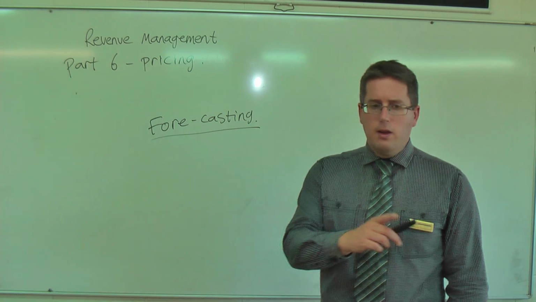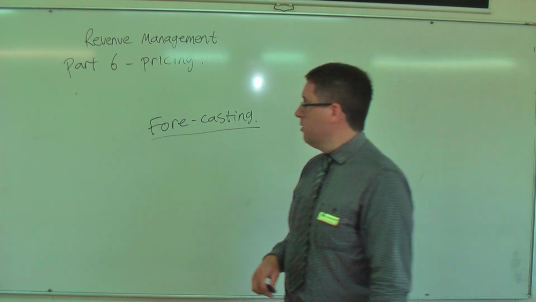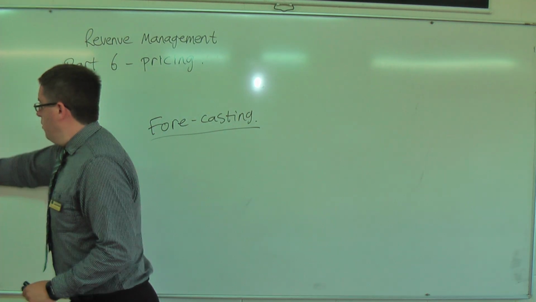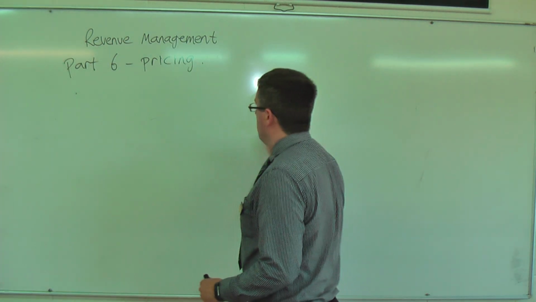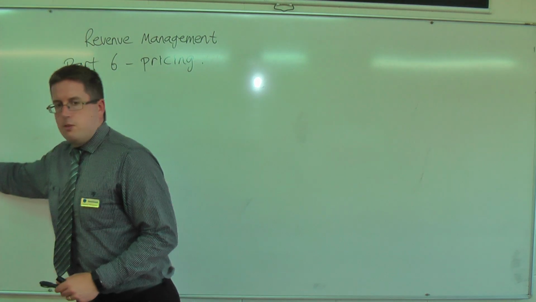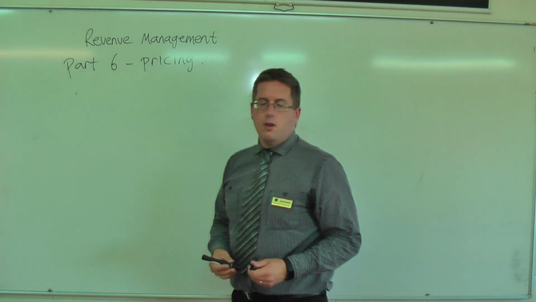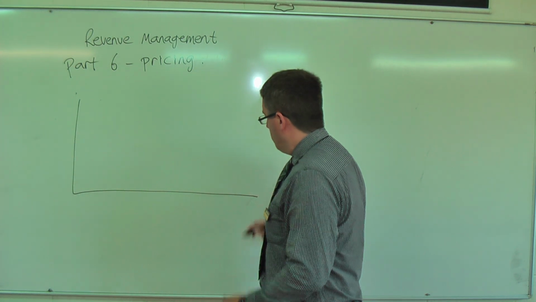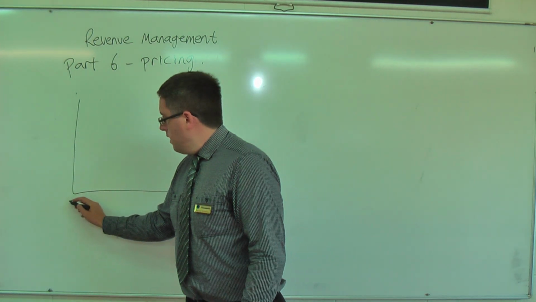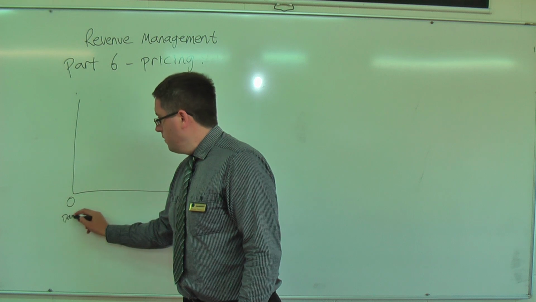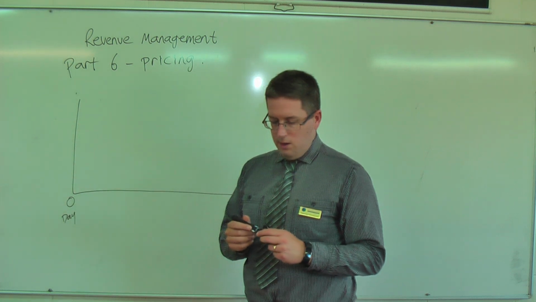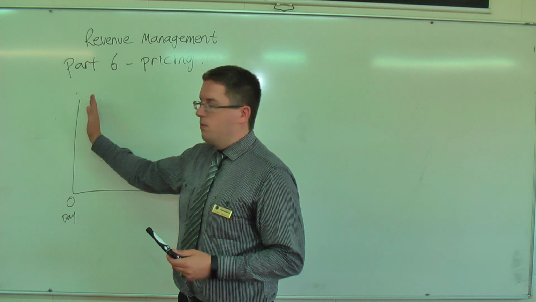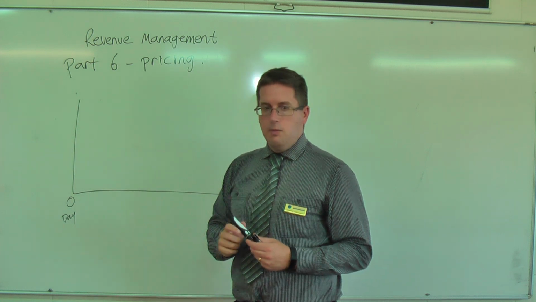Another thing to think about, and this is in the PowerPoint, is the booking curve. Booking curve sort of works in with forecasting as well. This just plots how many people have booked over time. So this is day 0, or this is at the day of stay.